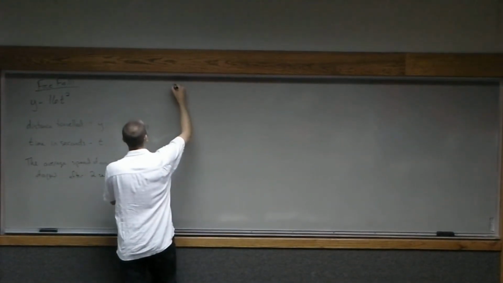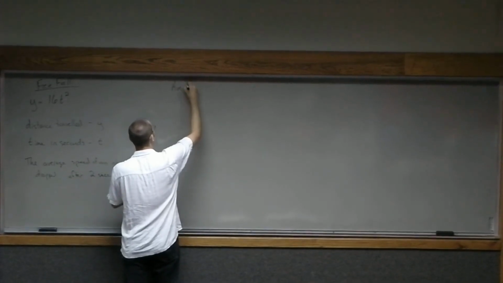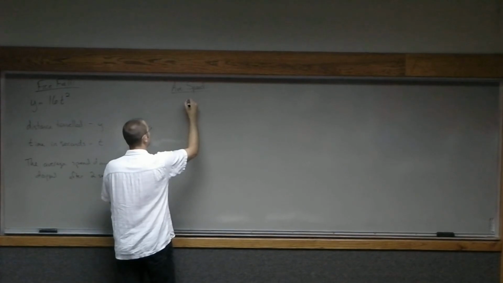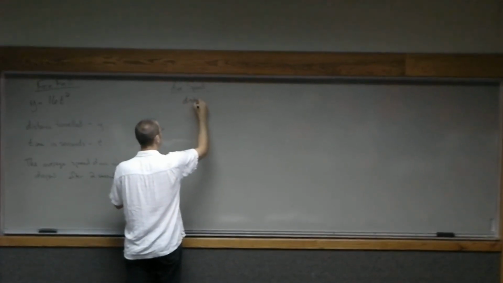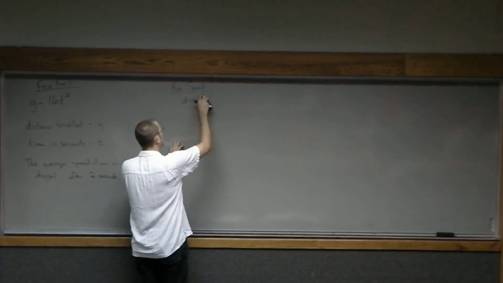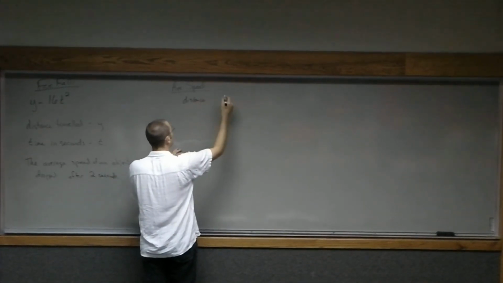Okay. So the average speed is calculated by taking the distance traveled and dividing it by the amount of time it's had to travel that distance.